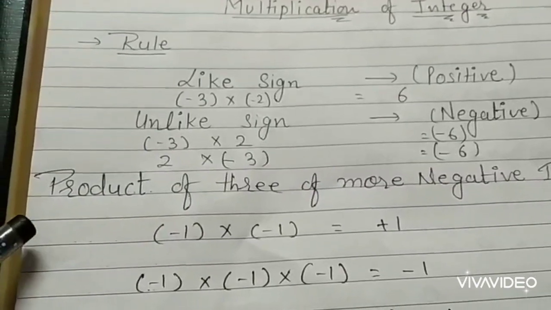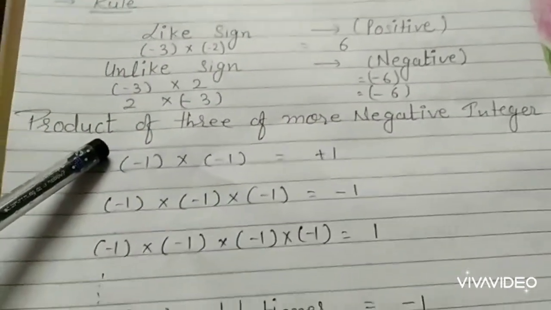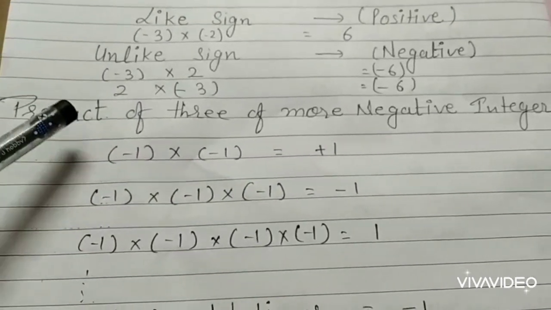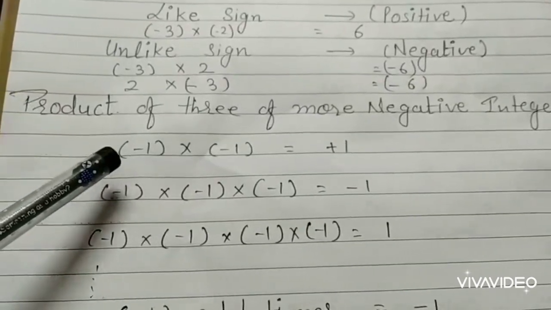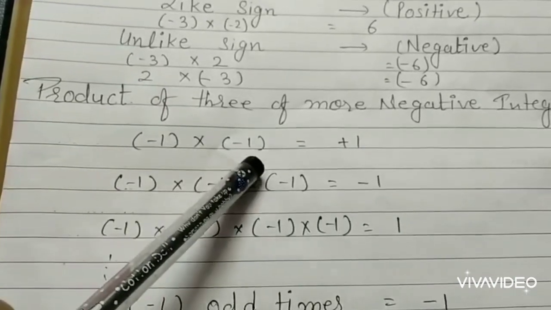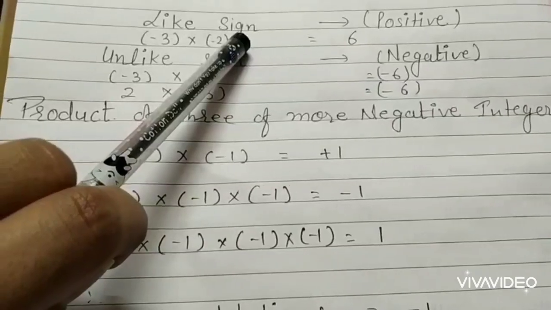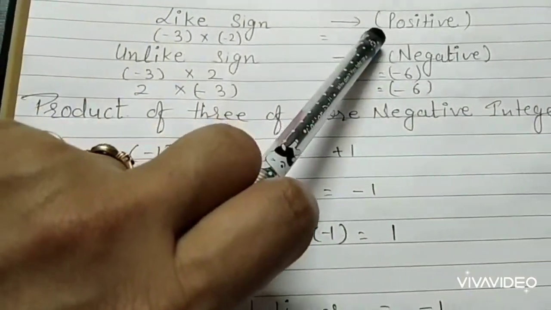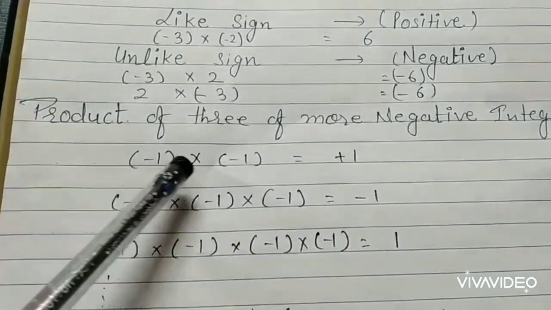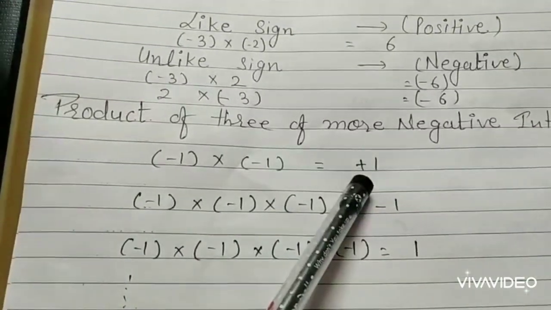Now another one is the product of 3 or more negative integers. For example, if we take two negative integers, minus 1 multiplied by minus 1, as we have earlier seen with like signs, our product will be a positive integer. So here both are negative, and our answer will be a positive integer.